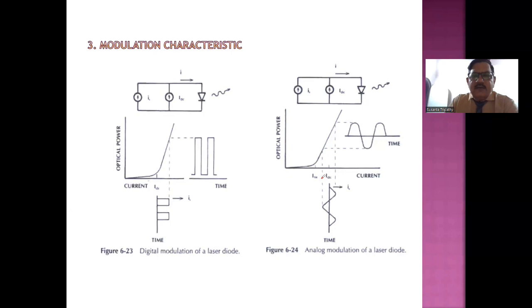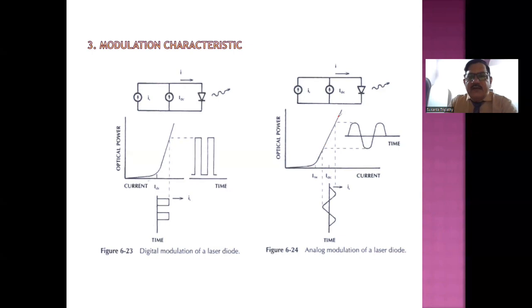Now, if you want analog modulation, the IDC value will be something more than the IDC value given in this particular situation. If the IDC value is maintained the same as in digital modulation, then the negative half cycle will come out of this linear region, which we do not want.